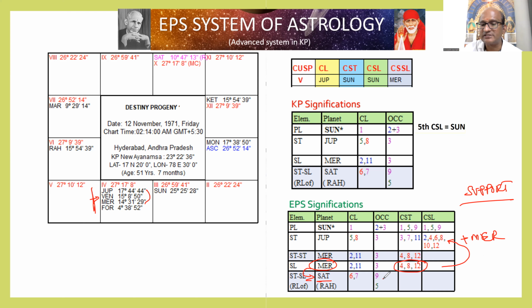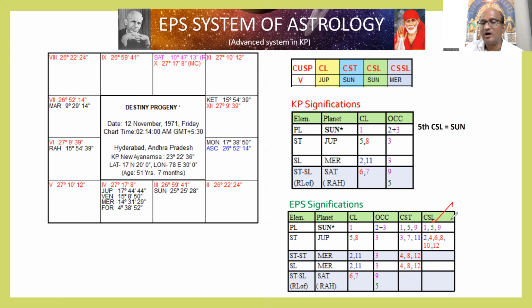6, 7, 9 is good. That is good only. But that Saturn is also aspected by this Jupiter. These unfavorable significations are passed on to this. You understand? That is what we call rulers link. Rulers are influencing each other. It means what?